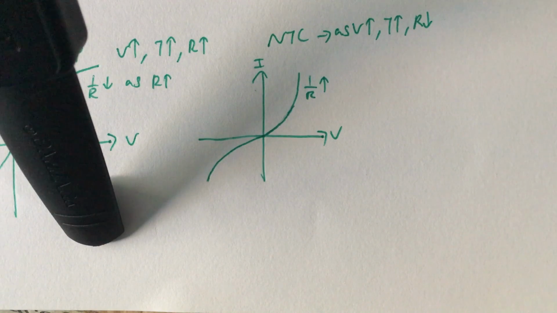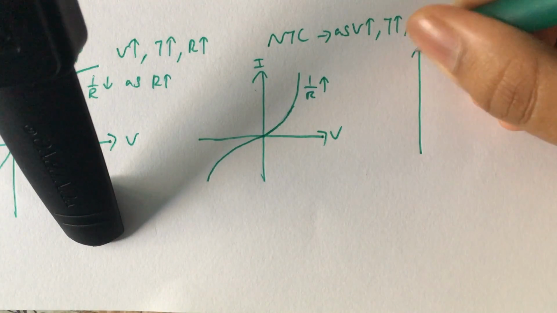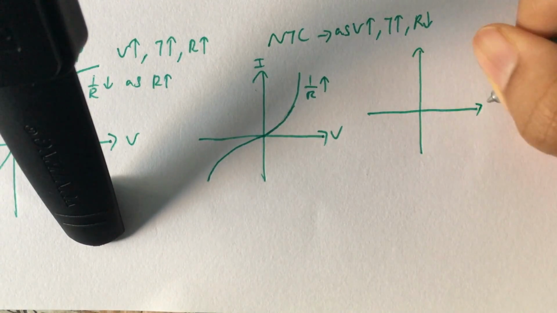So if you are asked to sketch the resistance-temperature characteristic, just draw that, the resistance decreases when the temperature increases. Simple as that. Nothing crazy.